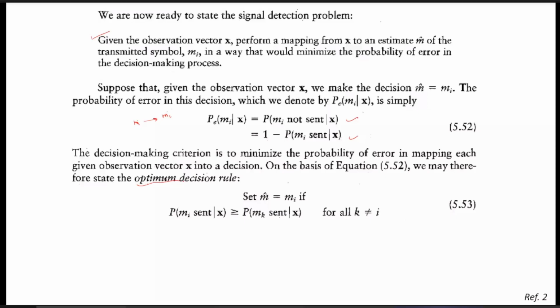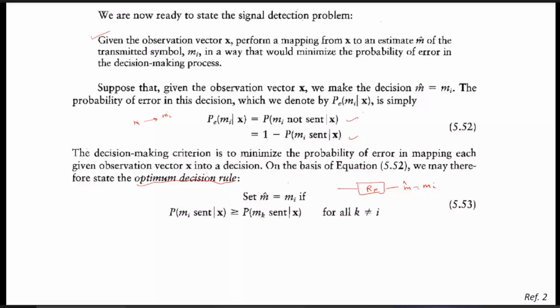What is that optimum decision rule? If you have a receiver, it will decide that the estimated value of the symbol is mi when the probability of mi sent given x is greater than or equal to the probability of mk sent given x. Suppose you have two correlators, the ith correlator and the kth correlator.